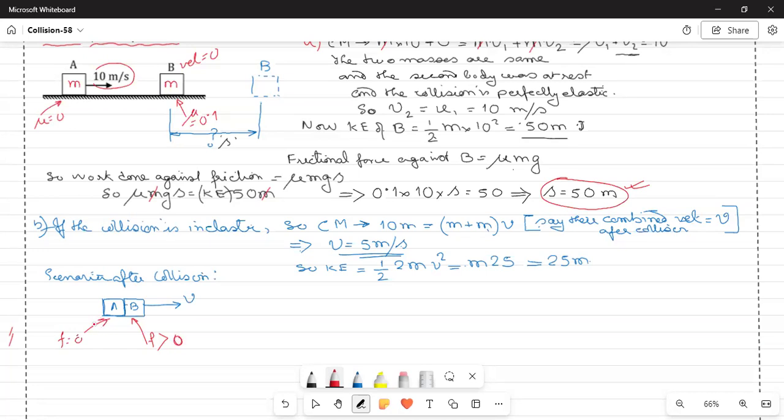So the frictional force remains the same. The frictional force F is equal to only mu mg. It is not mu 2m into g. Let this be very clear.